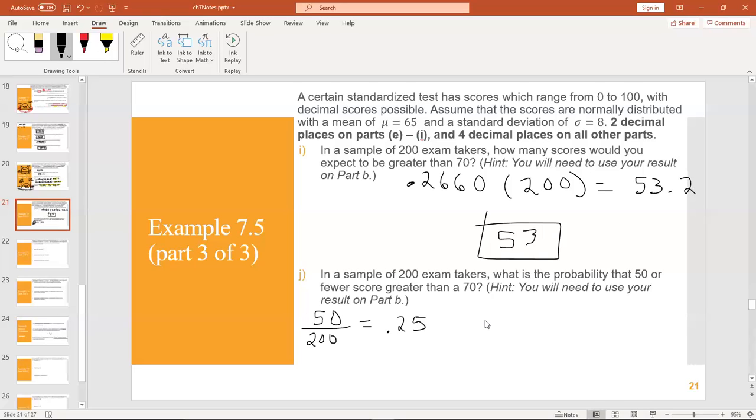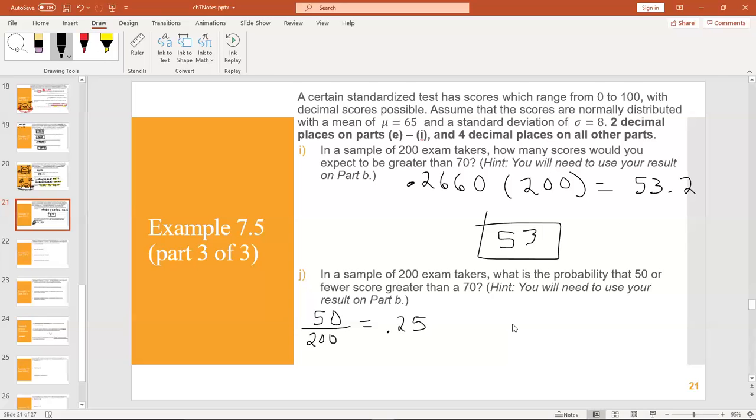So 0.25 of the students are going to be 50 or below. So basically 25% of the test takers is 50 or fewer of the students.